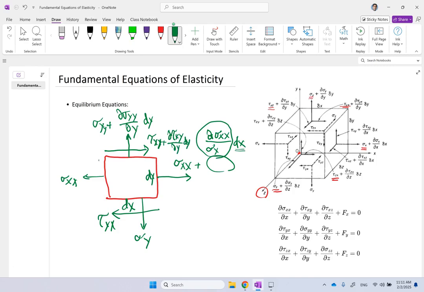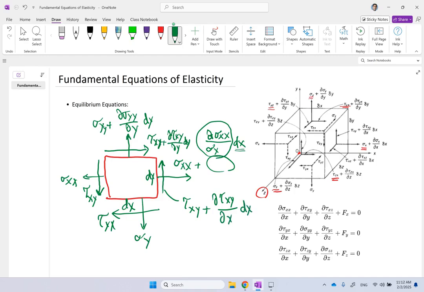So here, if this one is tau xy, then this is going to be tau xy, or yx, again, doesn't make any difference, plus partial of it with respect to x, you moved in the x direction, times dx.